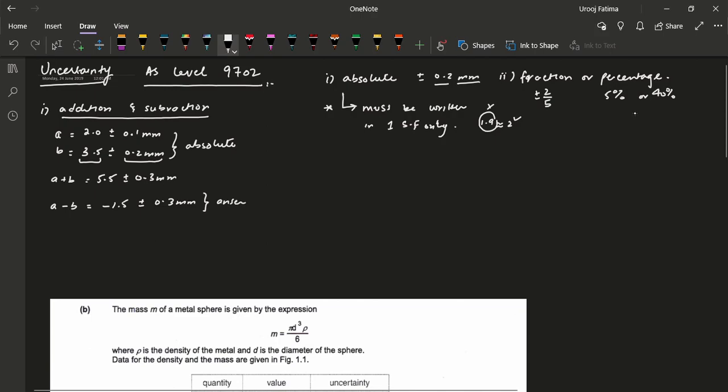So what you need to understand is that no matter what, uncertainties always add up. Uncertainty is the error in your reading, and when you do addition or subtraction specifically, they will add up. So that's the answer. I hope this is clear.